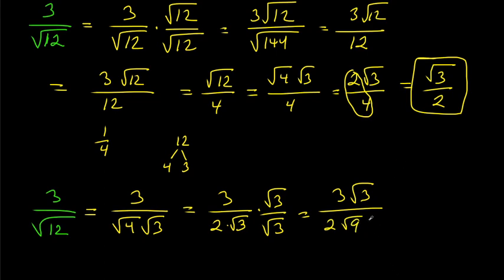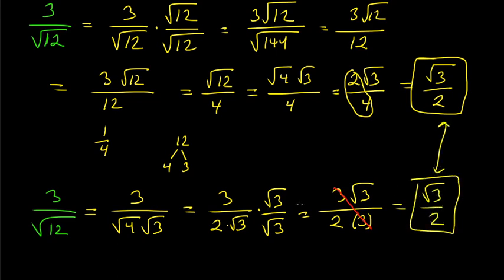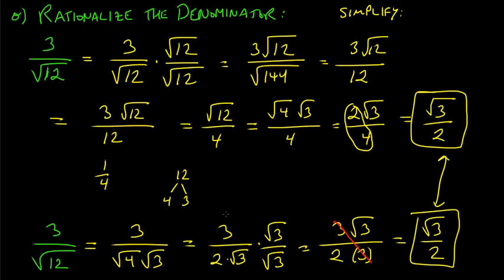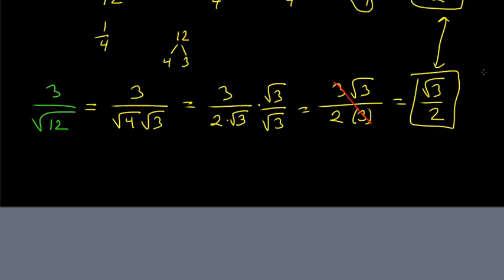But the square root of 9 is exactly 3. And now because we're multiplying, the 3's cancel. 3 divided by 3 is 1. And we're left with the square root of 3 over 2. Right? Same answer. I think you would agree this way was a little bit faster. Right, so that's part O, rationalizing the denominator.